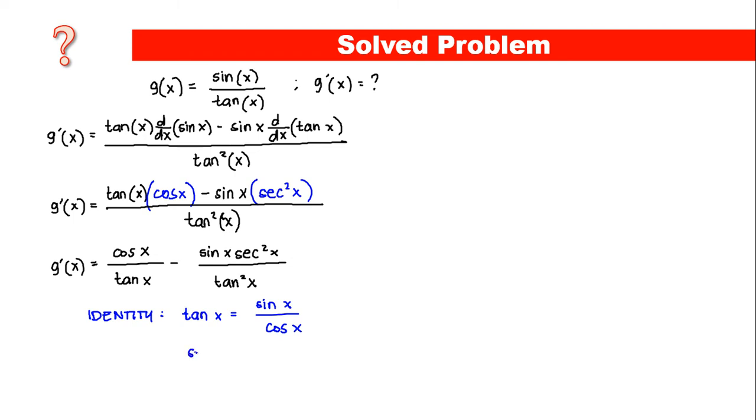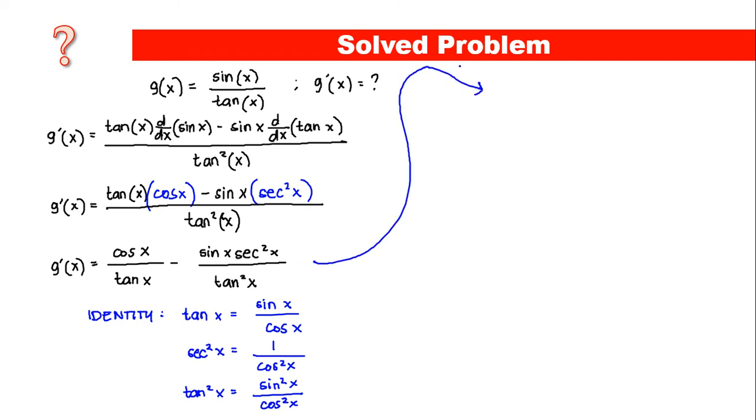And that yung secant squared ng x equal yan sa 1 over cosine squared ng x. And yung ating tangent squared, right? Equal naman yan sa sine squared over cosine squared ng x. Okay? So, yan. Subukan natin palitan itong mga identity natin na to.